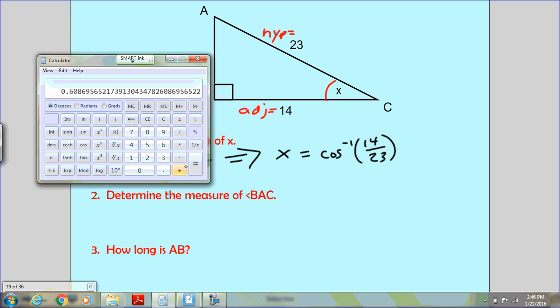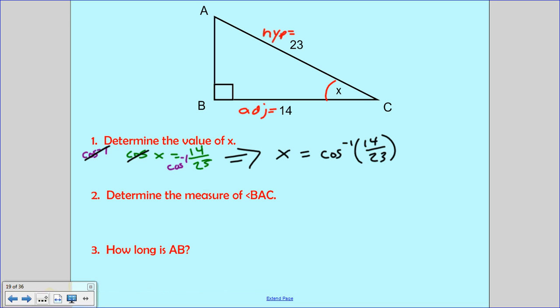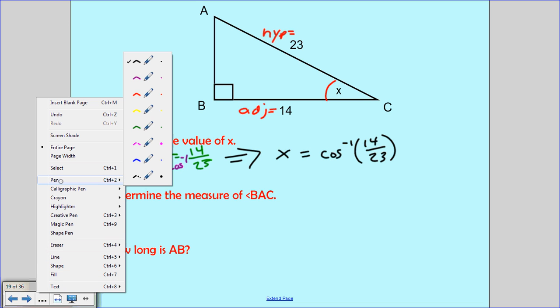And you get that value. And then I'm going to apply the inverse to that. So here's my inverse button. And therefore my angle is approximately 37.5 degrees. Don't forget your degree symbol.